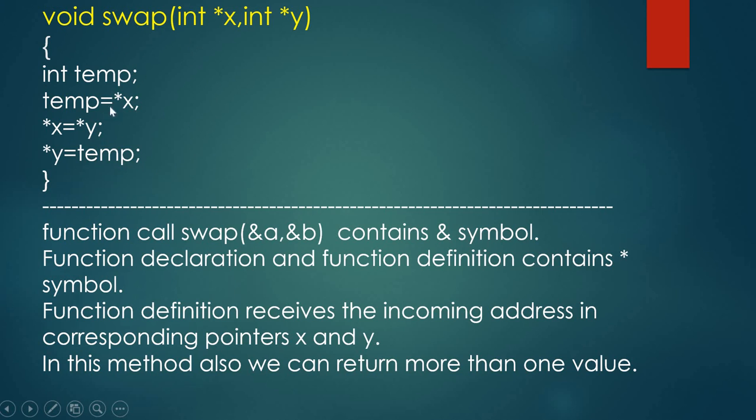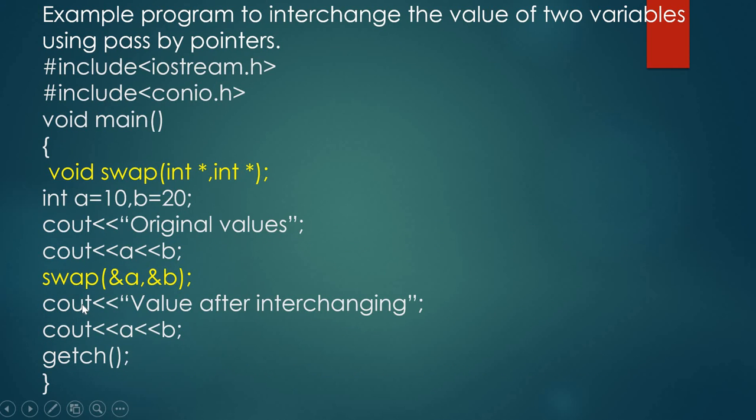All the changes happening inside the function are affecting the original data, because actually the changes are happening to the address of the original data. That is why it is interchanging and printing 20 and 10.